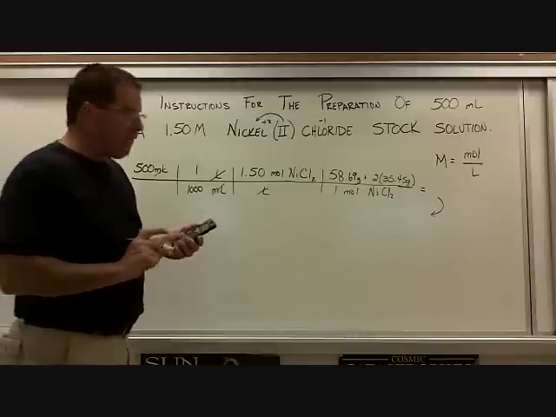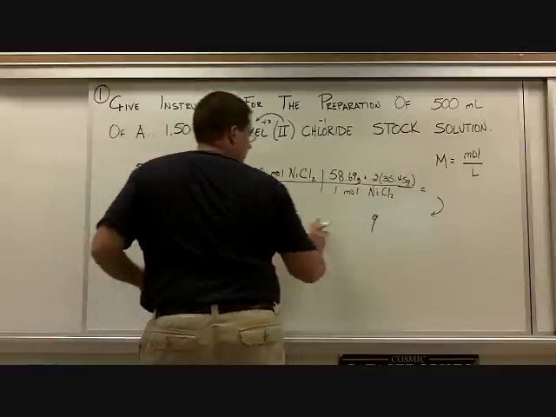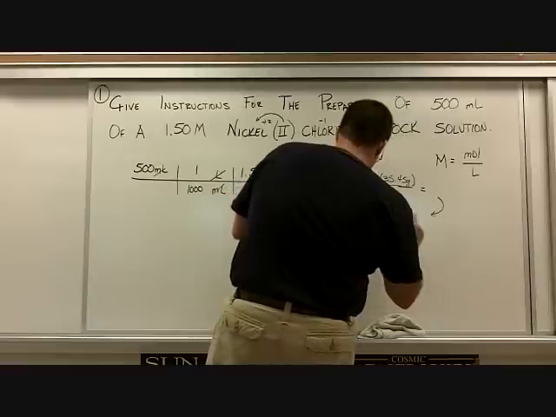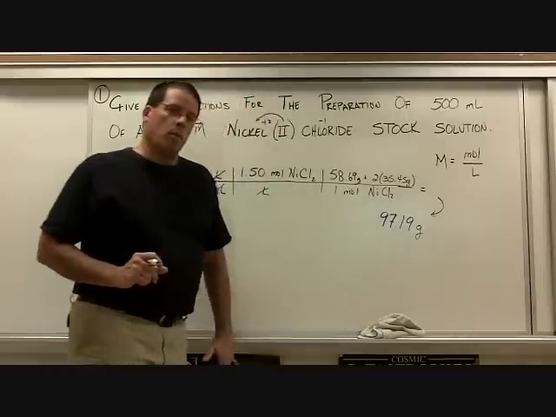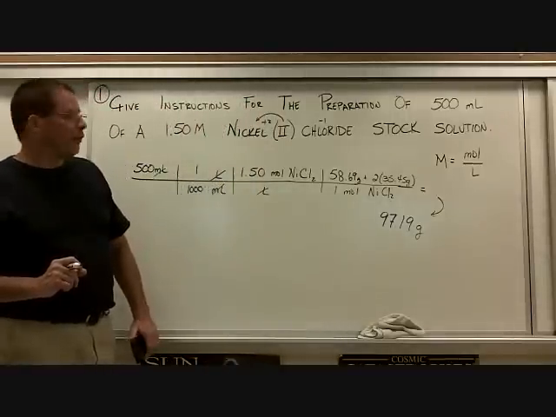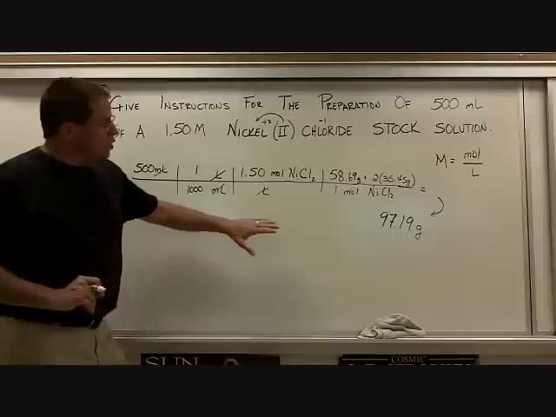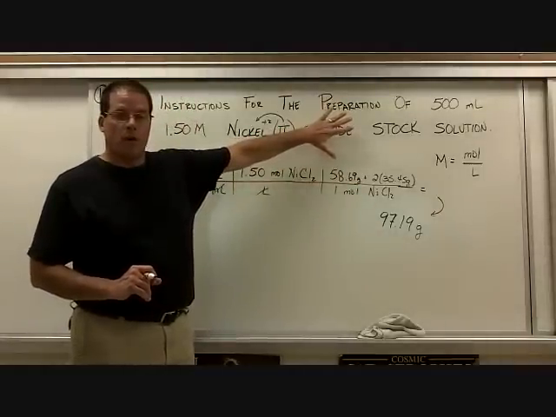So we need 97. Samuel will need to measure out 97.19 grams. And our analytical balance will measure out to 1/10, so he needs to measure that out. All right, now, since we know the mass amount, now we need to actually give the instructions, okay?